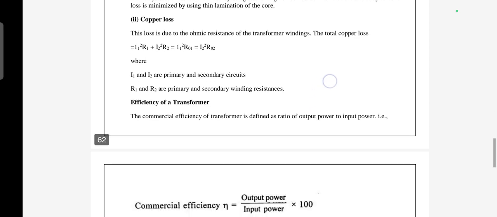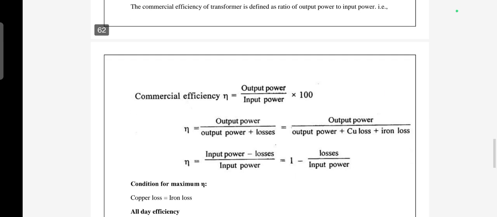Next, the efficiency of the transformer. We know that efficiency is the ratio of output power to input power, where eta is equal to output power divided by input power times 100, where input power is output power plus the losses, so it equals output power divided by output power plus copper loss plus iron loss.